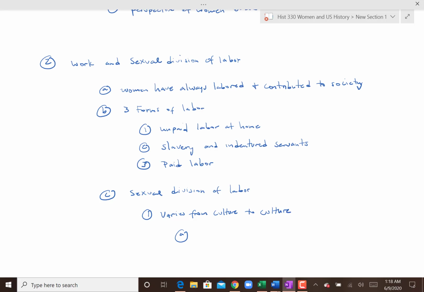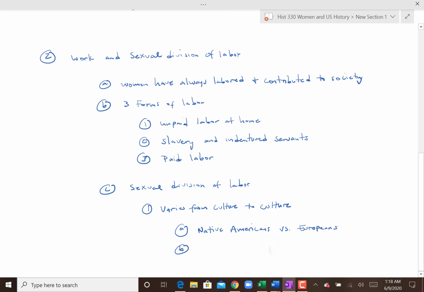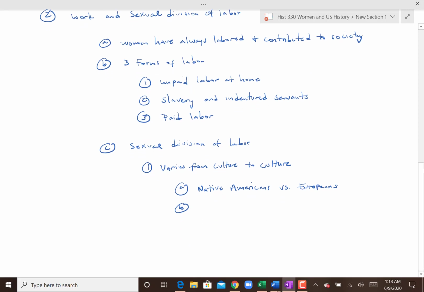To give you an example of how that varies from culture to culture, a great example is Native Americans versus Europeans. All of these things we're going to get into more, but I think it's one of the most apparent, because the Europeans constantly talk about it.